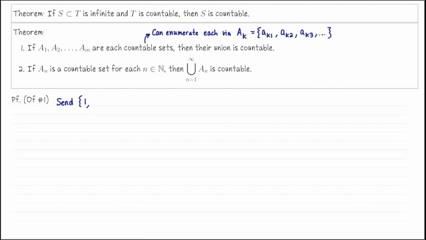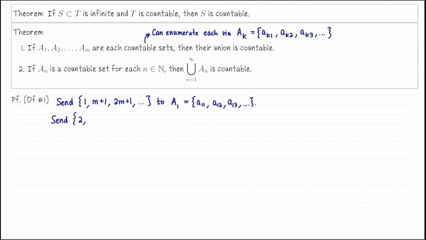I'm going to send the natural numbers 1, m plus 1, 2m plus 1, 3m plus 1, 4m plus 1, numbers of that form, to the first set A sub 1, which we can denote as A sub 1,1, A sub 1,2, A sub 1,3, and on. So the pattern here is really like 0m plus 1, 1m plus 1, 2m plus 1.